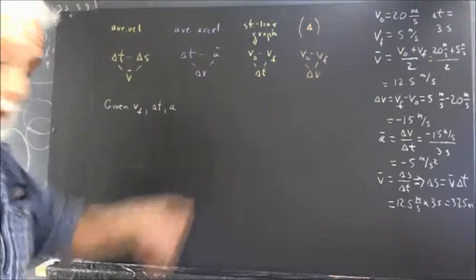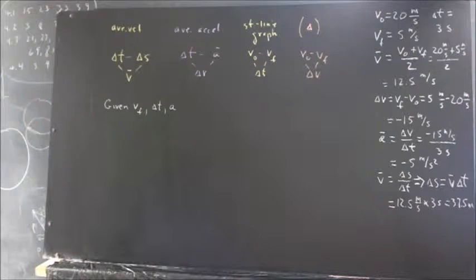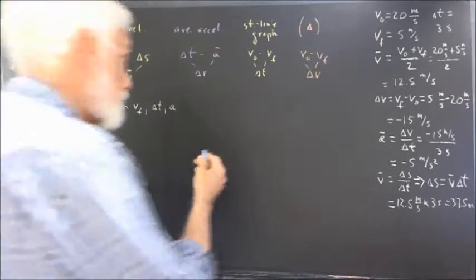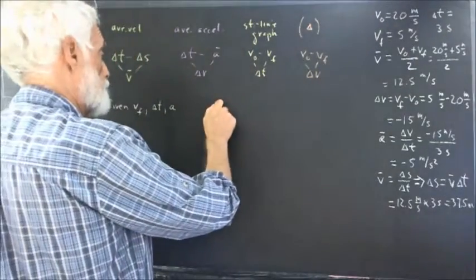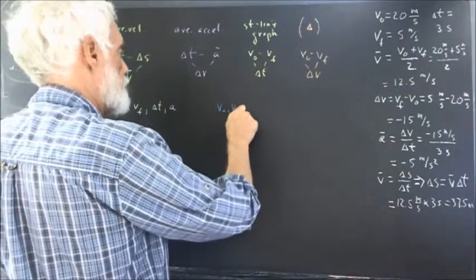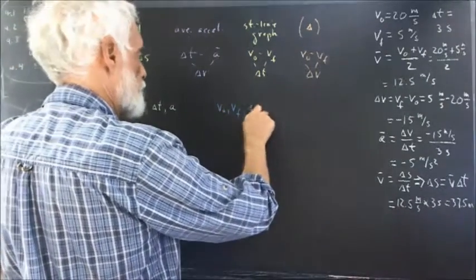So, if we know VF, delta T, and A, how do we map things out? Well, before we map anything out, let's just list our variables. Our variables are V naught, VF, delta S, A, delta T. It doesn't matter in what order you list these.